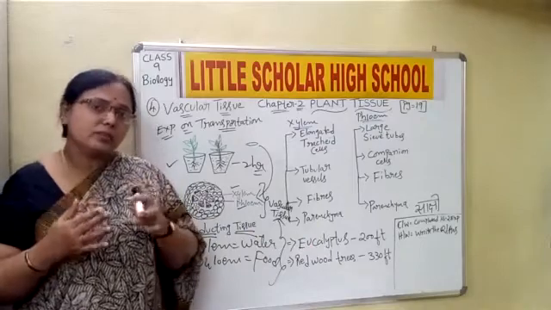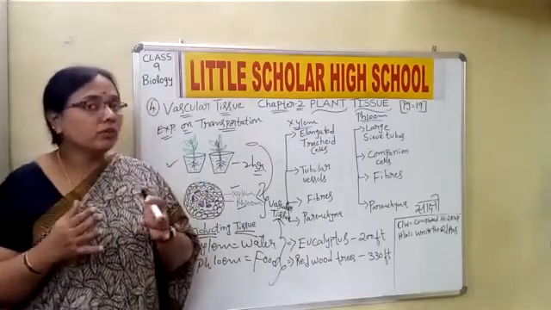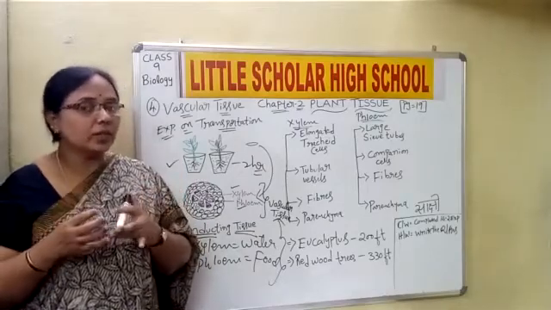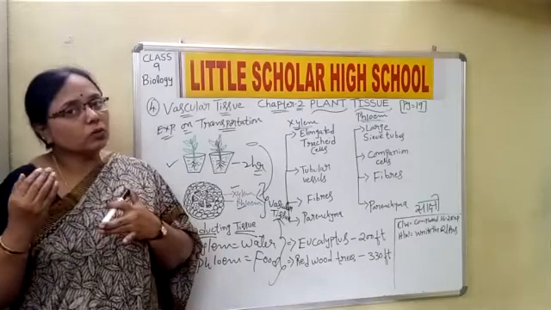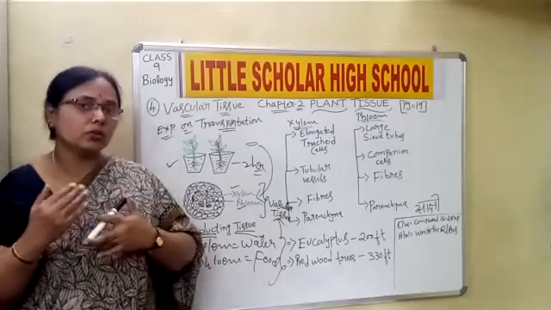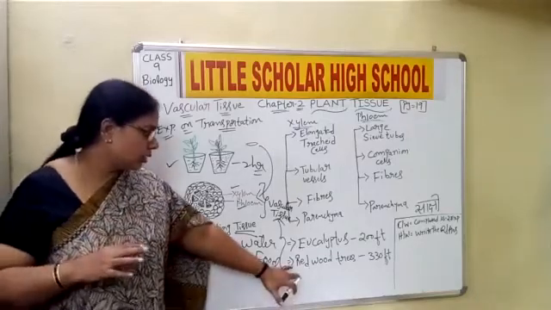Even in this kind of large trees, the xylem and the phloem are well developed enough for the transportation of the water and the food from the root to shoot, or from the shoot to the root system.